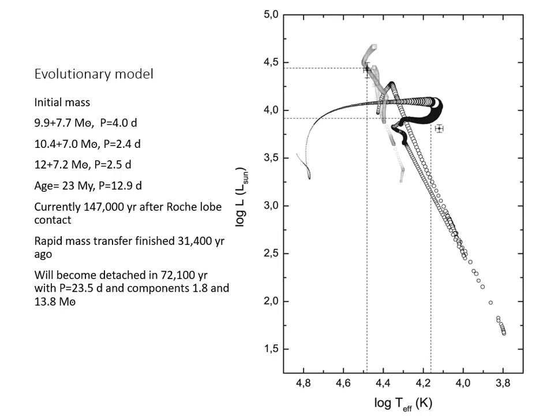Right, this looks a bit of a mess. So this is the evolutionary model for Beta Lyrae. It's not immediately obvious, but the primary starts off there, and the secondary starts off here. So the primary evolves through the main sequence.